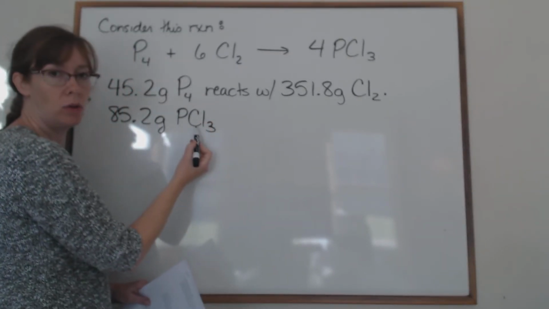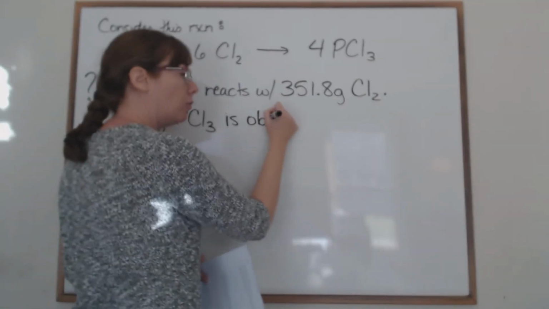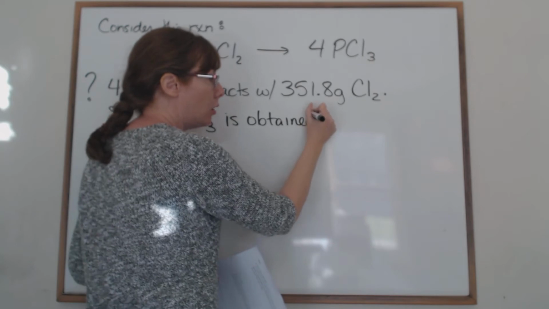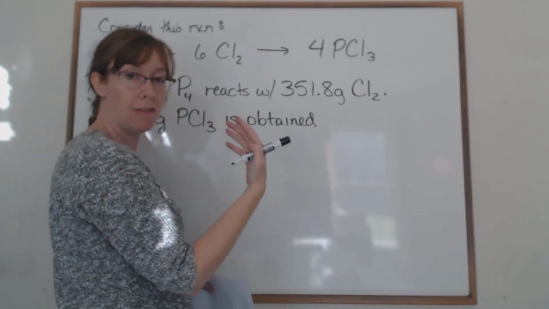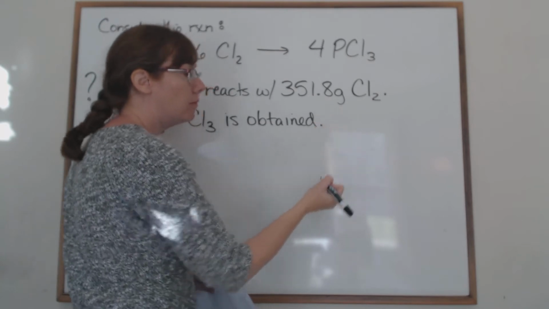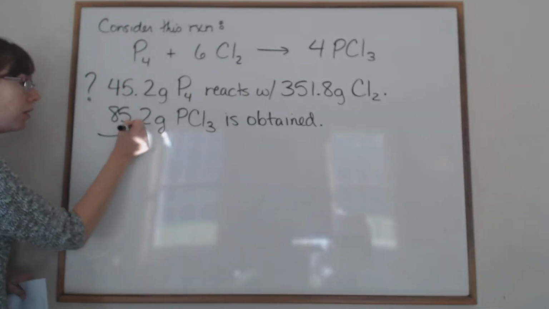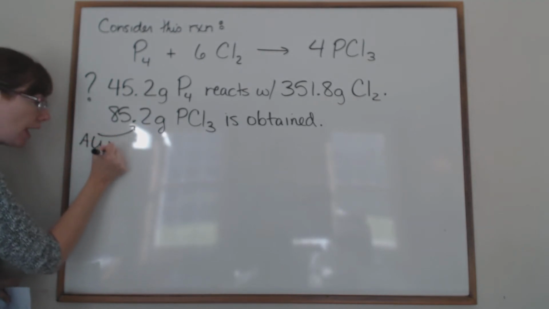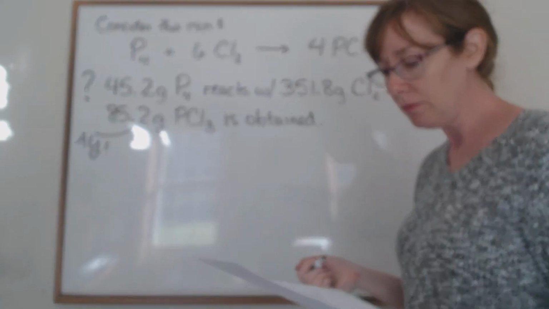Phosphorus trichloride is obtained. We could say produced, we could say collected, we could say yielded, we could say formed, all saying the same thing. That's how much you got, which, by the way, I hope you recognize is your actual yield. That's the amount that you actually produced.